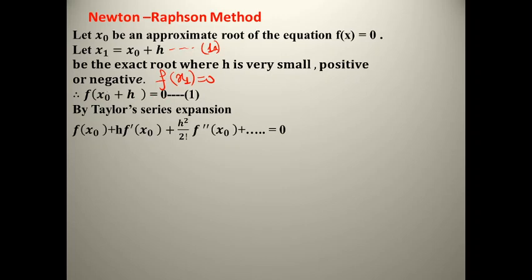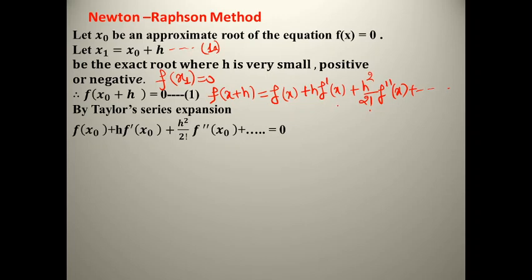Now let's expand this by using the Taylor series expansion. So recall the Taylor series expansion formula: f of x plus h is nothing but f of x plus h f dash of x plus h square by 2 factorial f double dash of x, and so on.